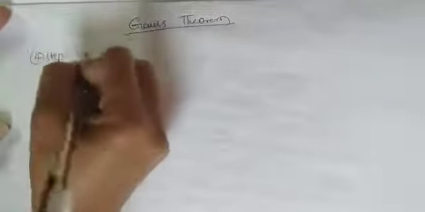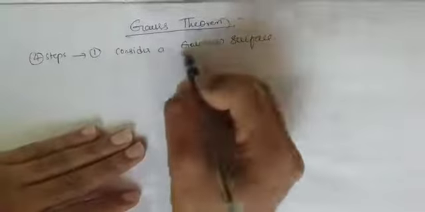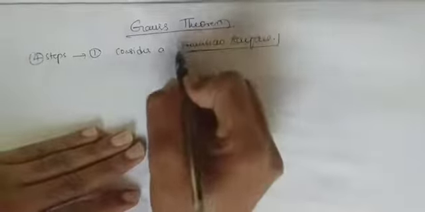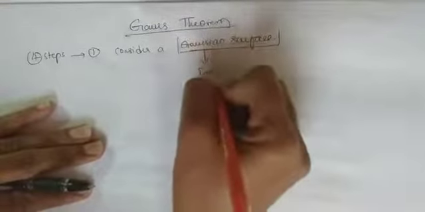The first step, before using the Gauss theorem, is to draw one Gaussian surface. How to consider a Gaussian surface? First we have to know what a Gaussian surface is. A Gaussian surface is an imaginary surface.